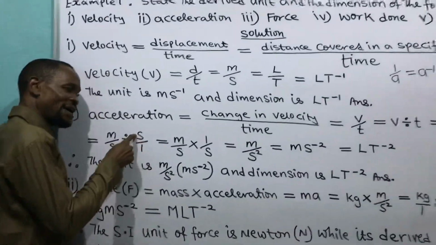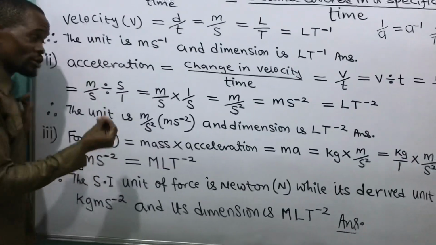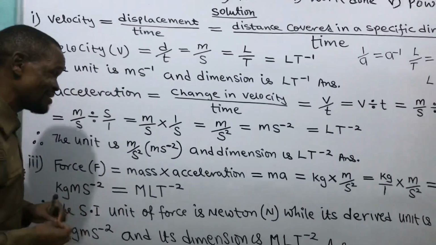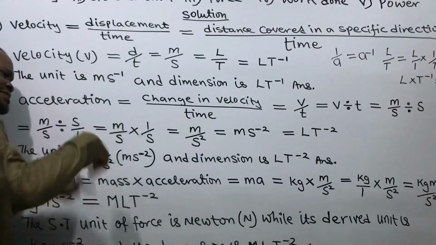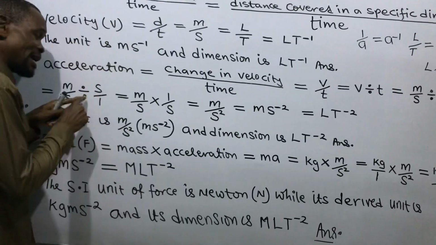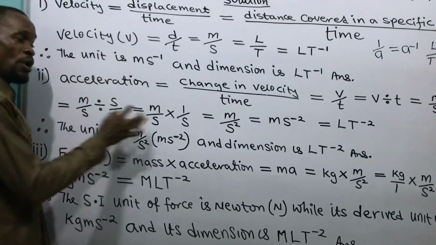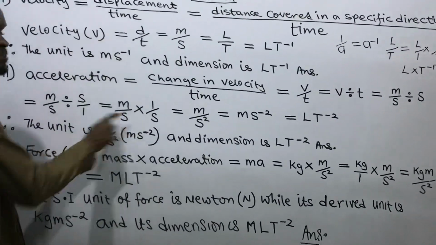Seconds divided by 1 is the same thing as seconds, because anything divided by 1 is that thing. So this is meter per second times the inverse: the seconds will come down, and multiplication will apply.